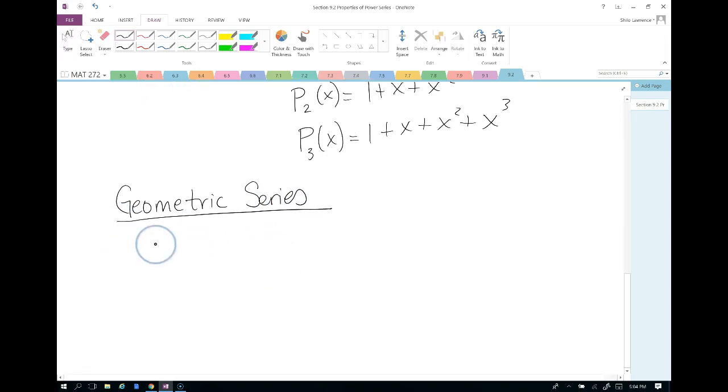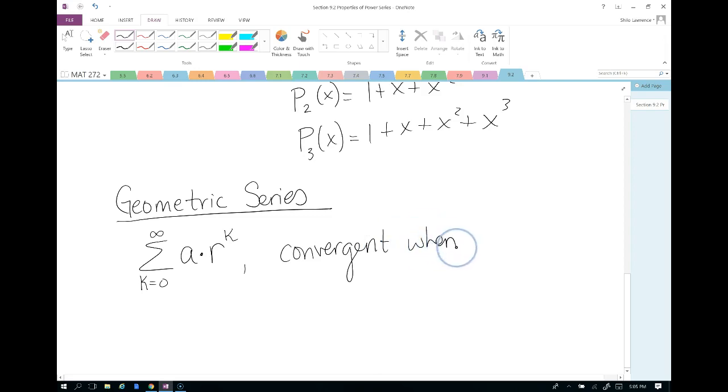So the standard form for a geometric series was the sum from k equals 0 to infinity of a times r to the k. And we said that these are convergent when the absolute value of your r is less than 1.